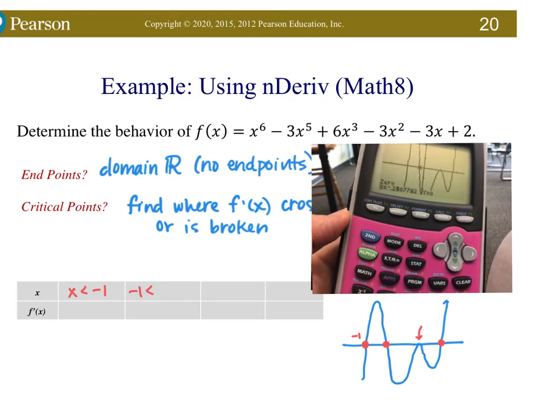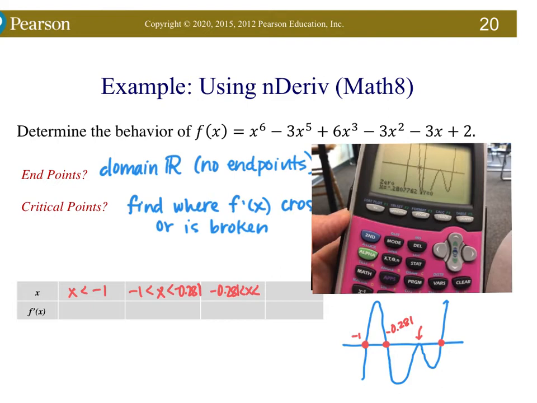So let me mark that here. -0.281. Okay, then the next one would be from -0.281 up until the next place where it crosses the x-axis, which we're going to skip the place where it just bounced off, and we want to go to that very last one.